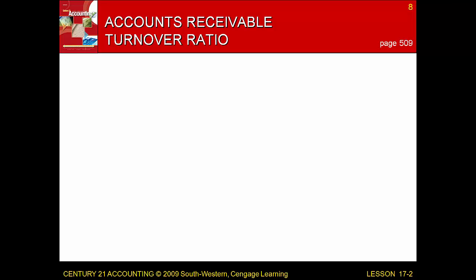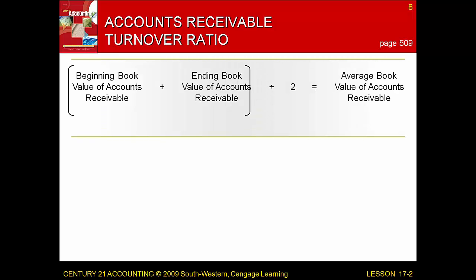The accounts receivable turnover ratio measures the number of times the average amount of accounts receivable is collected annually. We do this by calculating it using our net sales on account figure. So net sales, we have to remember what net sales is. You have to take out your discounts and your returns and allowances on that.